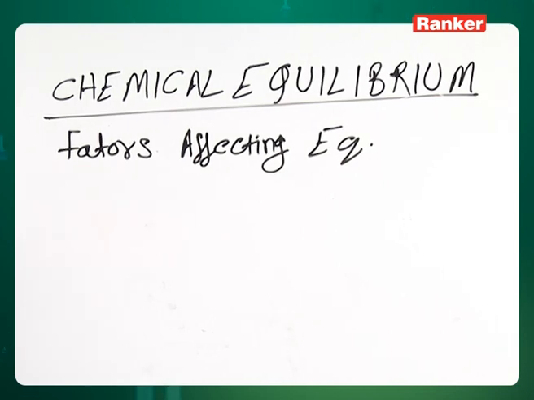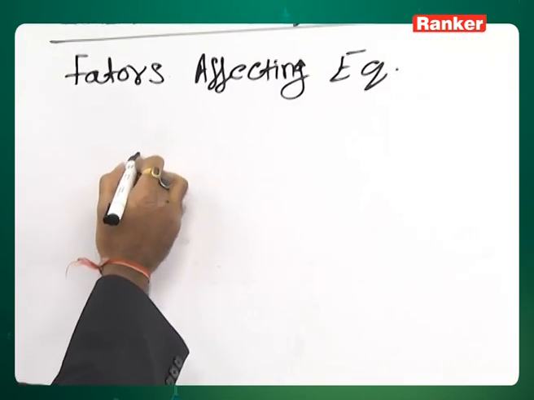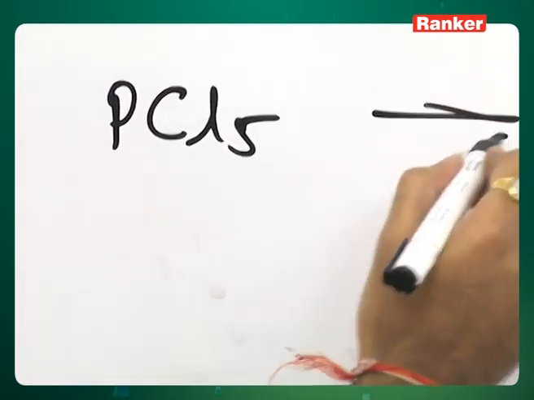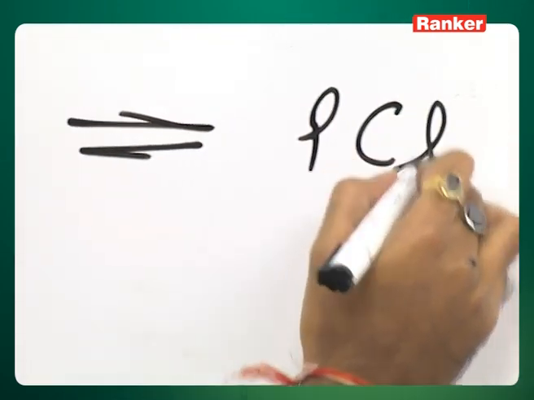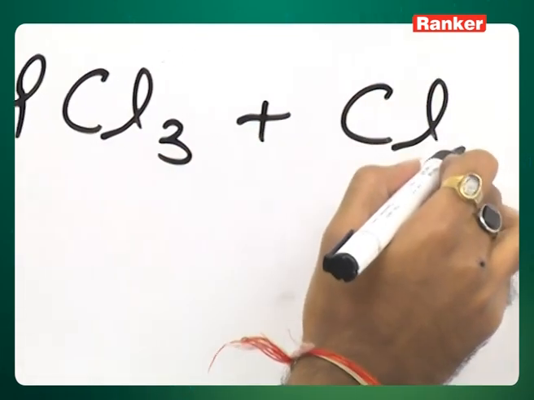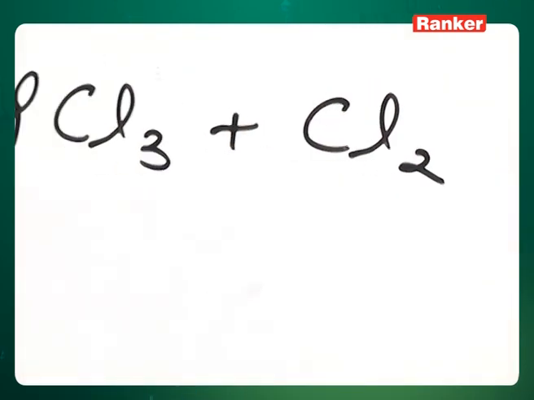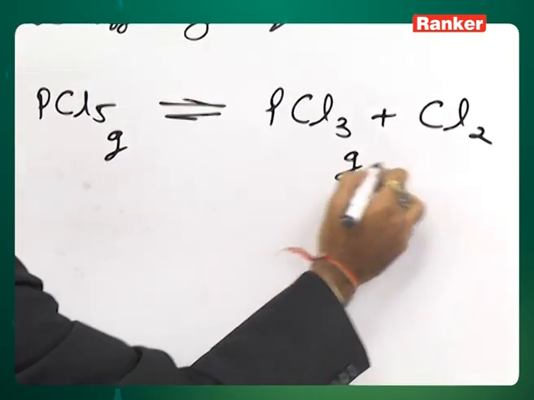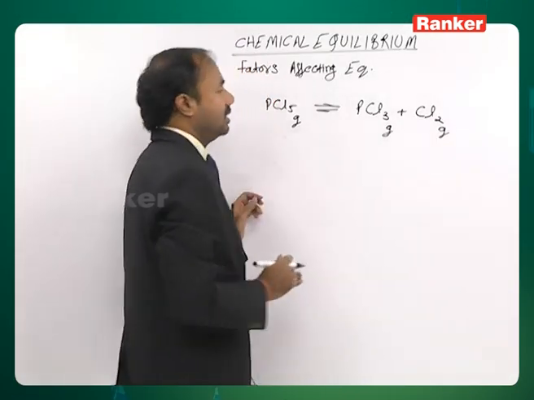Suppose we have one decomposition reaction, that of PCl5, phosphorus pentachloride, and it is decomposing to give PCl3 and Cl2. This is the case here. All we assume to be in gaseous phase. How can a question be created on this?